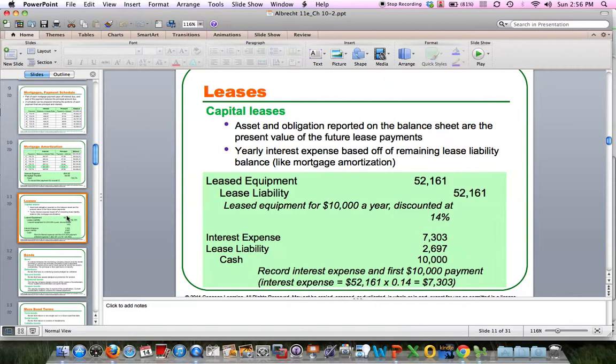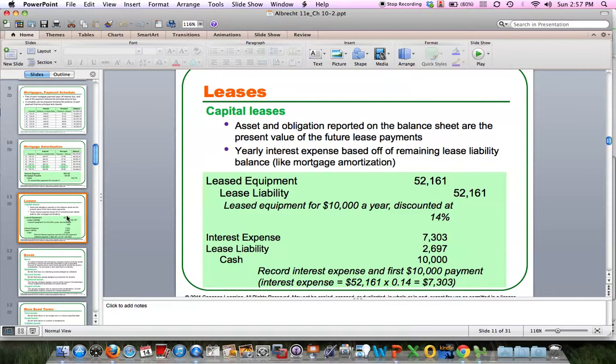Interest expense is 14% of the $52,161, which is $7,303, and so what's left over equals the principal payment, because we know we're writing a check for $10,000. So it's a credit to cash for 10, debit interest expense for 7,303, and then we debit liability for the difference.